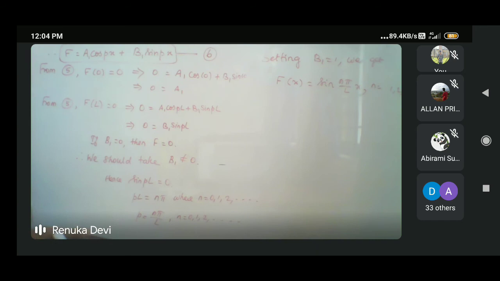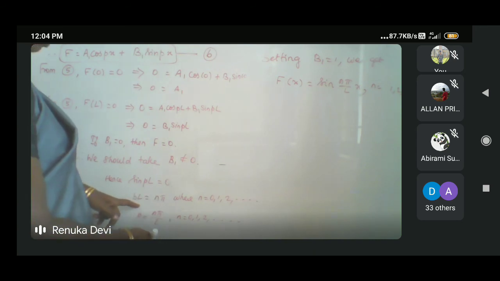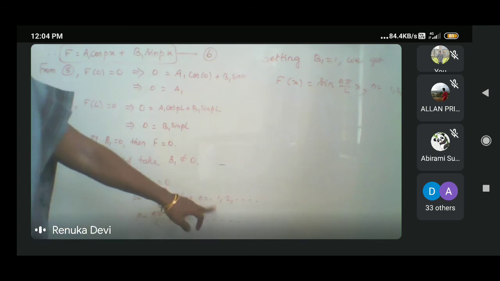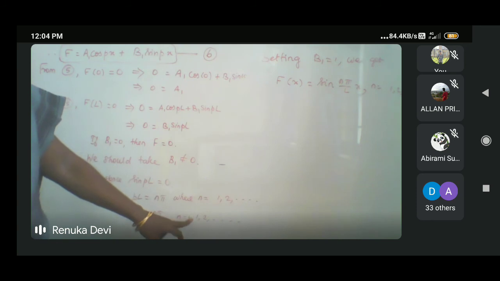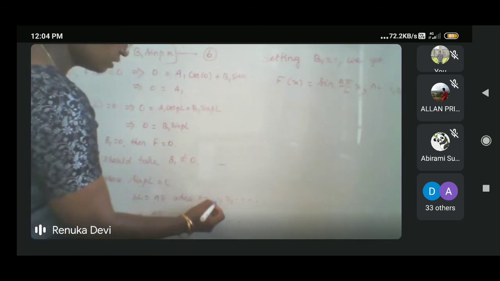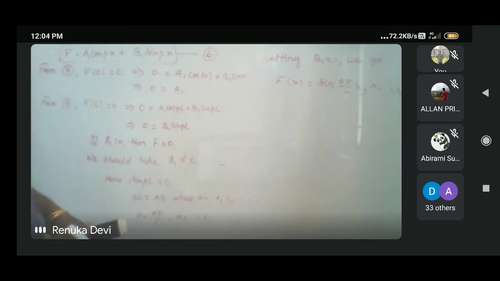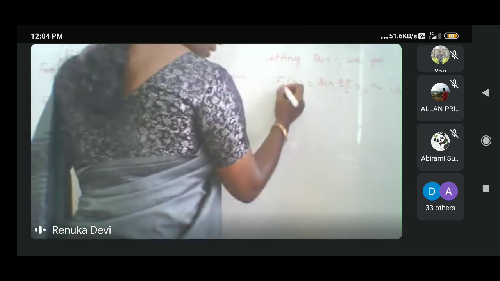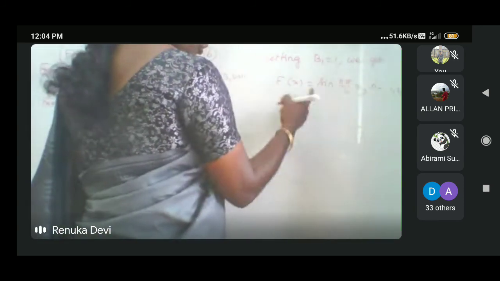Then also, when n equals 0, that is not a problem. I can take n equal to 1, 2 itself, isn't it? You strike out this 0. So generally, we will consider for the angle n equal to 1, 2, 3, etc. Since it depends on n, for n equal to 1 you get one solution, n equal to 2 you get another.